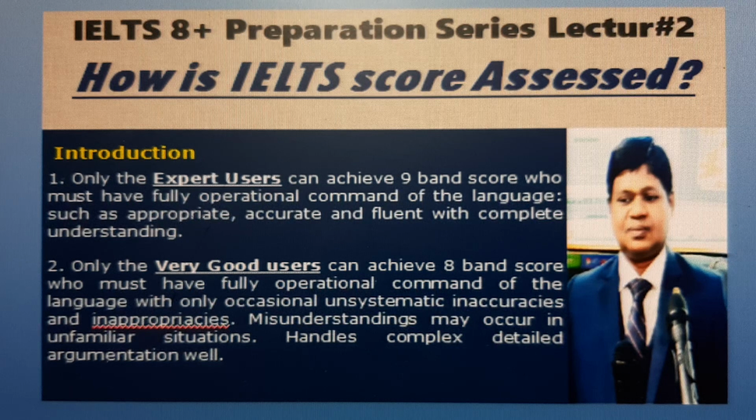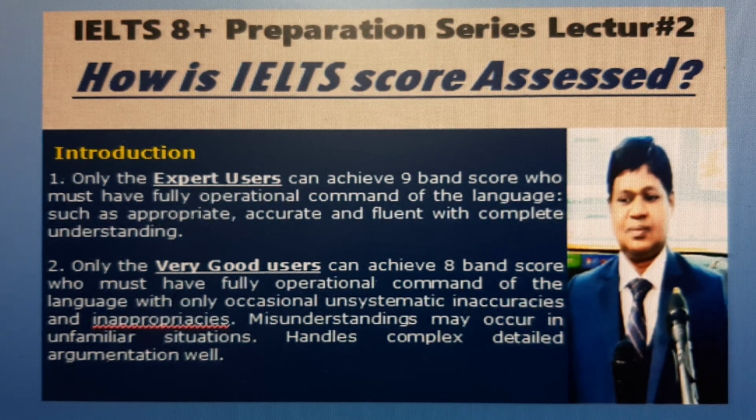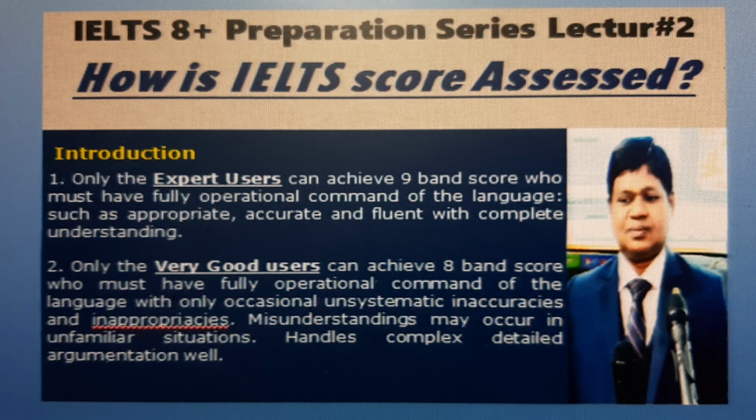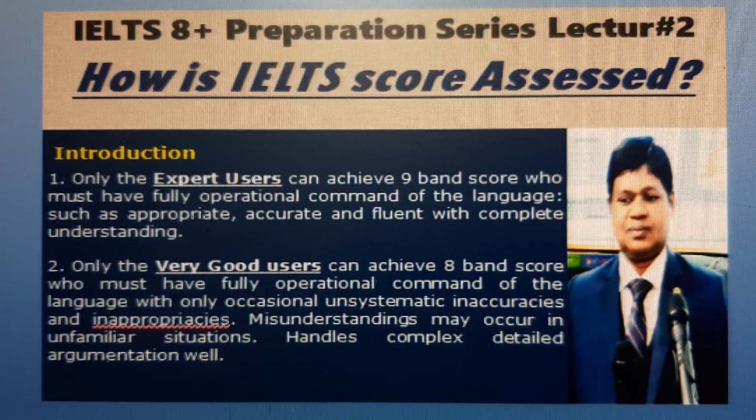You can score whole bands, as per example 5.0, 6.0, 7.0, or half bands, as per example 5.5, 6.5, 7.5, in each part of the test. That is, you can get 8.0 band or 8.5 band or 7.0 band or 7.5 band and so on.